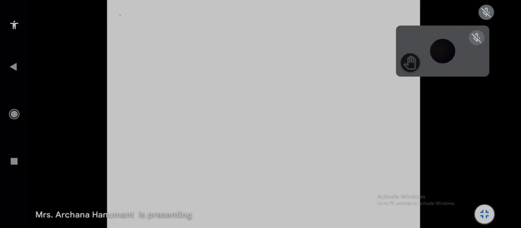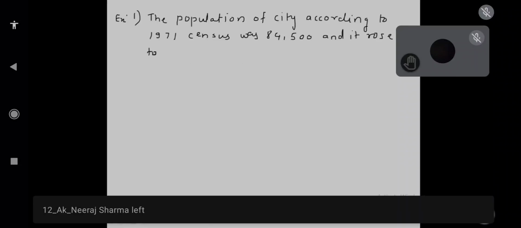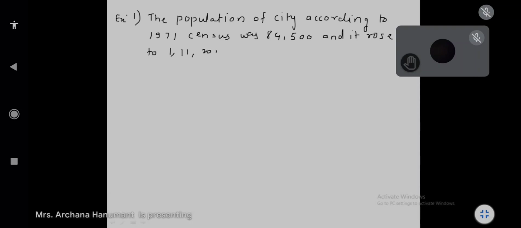Okay, next we take an example. The population of a city according to the 1971 census was 84,500, and it rose to 1,11,200.